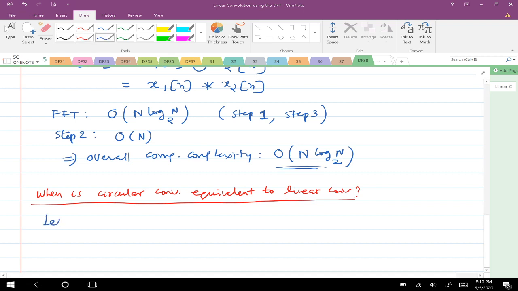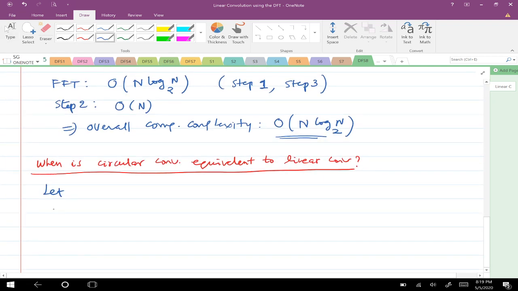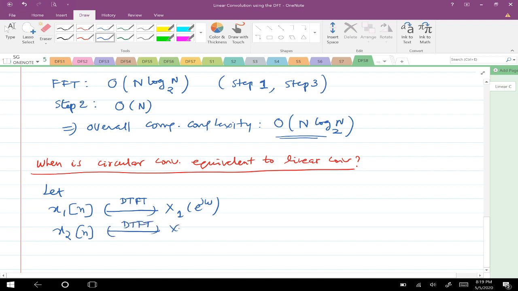So for that, let's rewrite the notations here for our convenience. Let for x1 of n, the DTFT be X1 of e power j omega. Similarly, for x2 of n, let the DTFT be X2 of e power j omega.